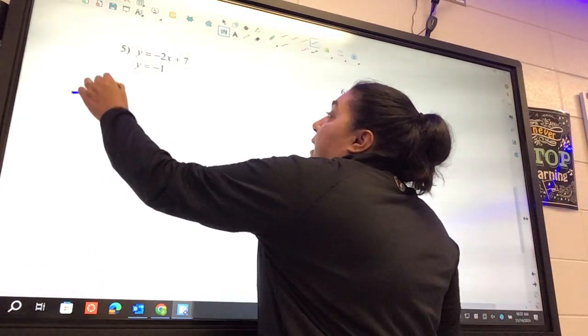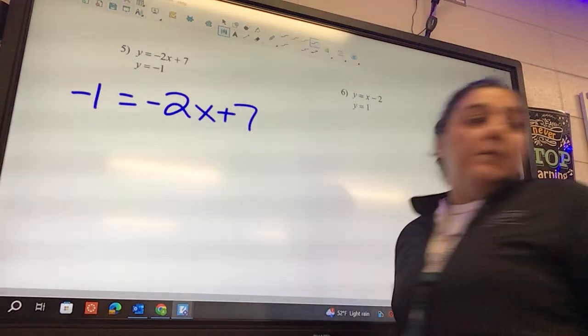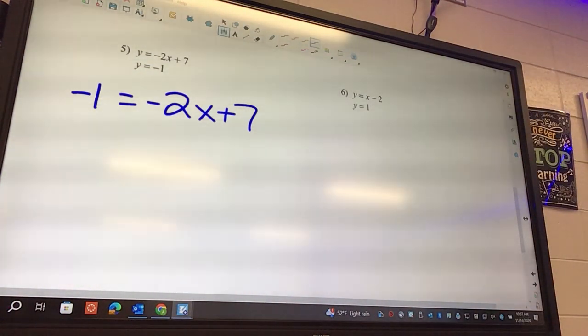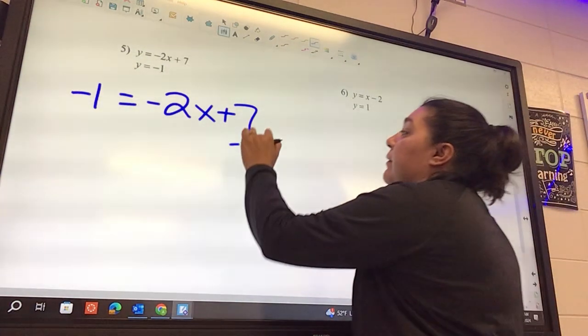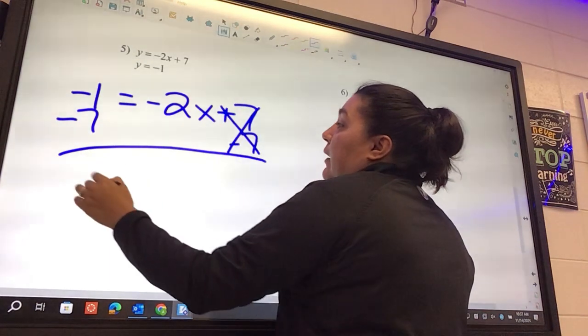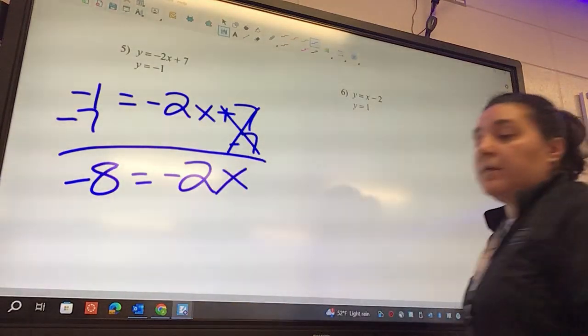It's going to look like negative 1 equals negative 2x plus 7. Who needs moved? The 7 needs moved, so we're gonna say minus 7. Okay, so I'm gonna get negative 8 equals negative 2x.